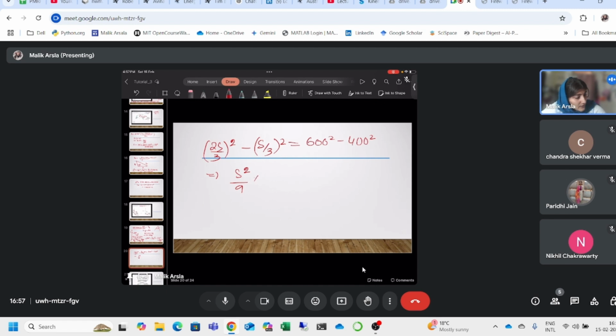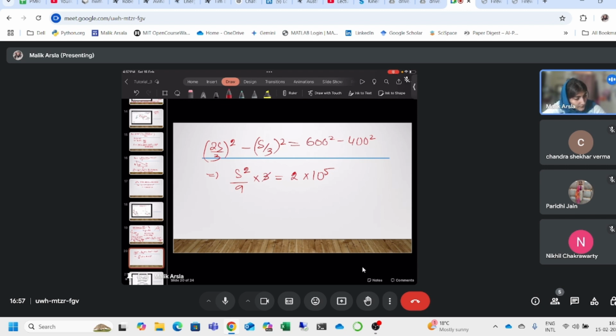So it will be equal to, wait a second, s square by 3, so it will be 600 square minus 400 square. It will be 2 into 10 to the power 5, right?